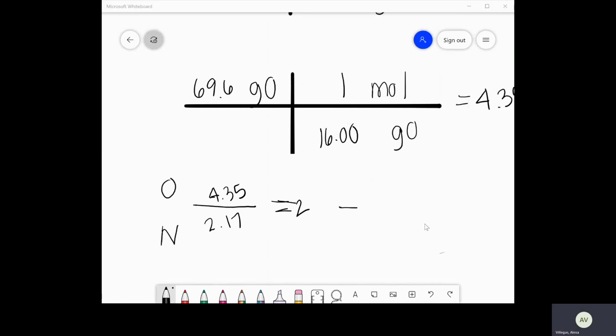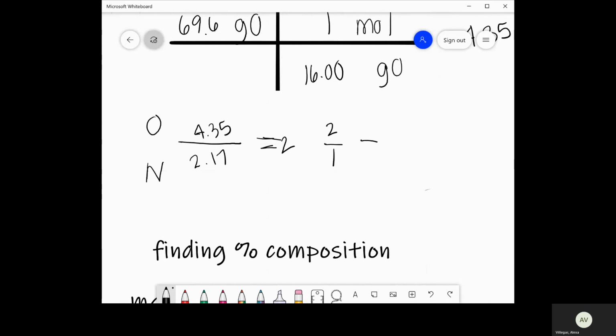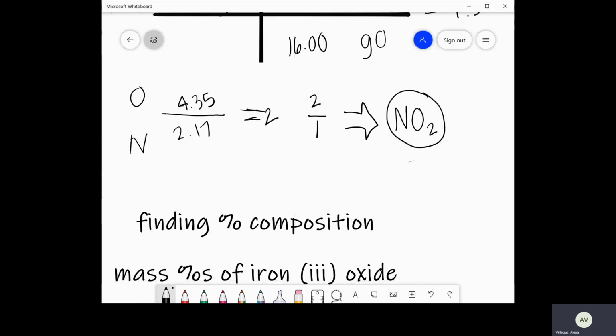And remember that this is a ratio, so it's actually 2/1, if that'll help you. So now you apply your subscripts. And that's your empirical formula for your compound.